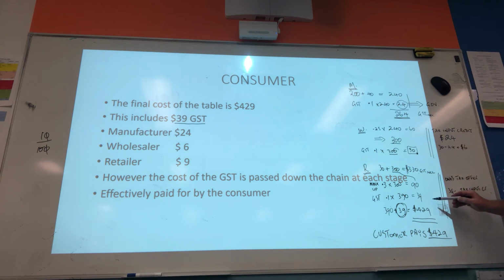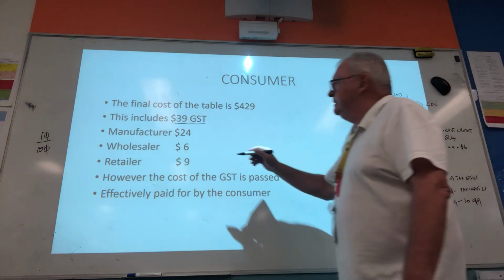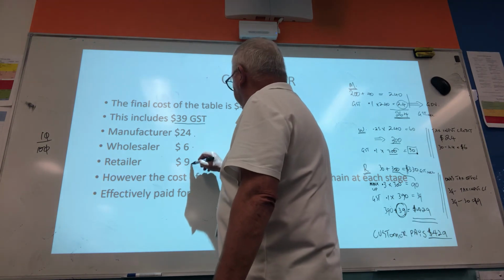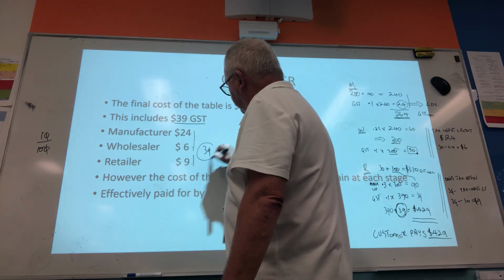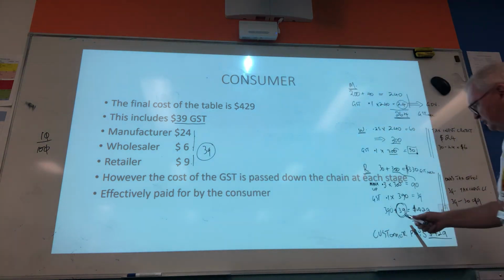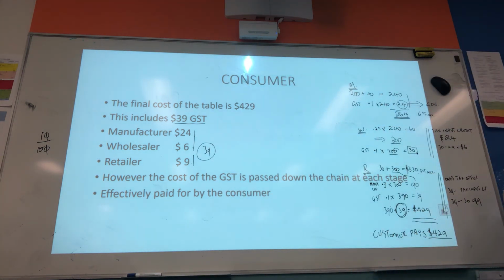This guy had to pay $9 because his GST was $39, but the guy before had paid $30. But look at it. 24 plus 6 plus 9, that's 30, that's 39. What's the customer's GST? 39. So in effect, the customer pays for everything. The customer pays that GST.